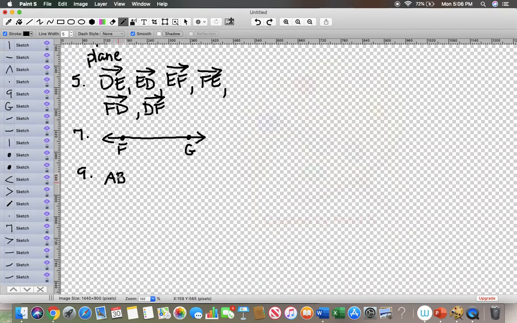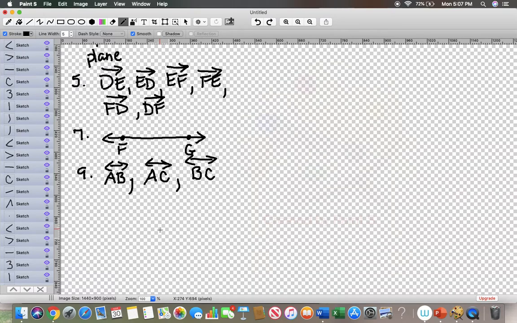Line AB, that is on the same line that would go through point C. Line AC also goes through the point C, of course. And line BC also goes through the point C. Any one of those 3 lines would be accepted.